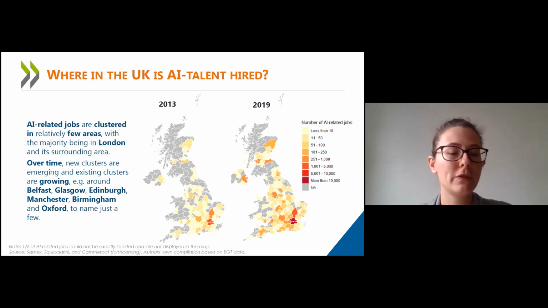Over time, if you compare the map in 2013 to 2019, we can see that a lot of these clusters have been emerging and growing. For instance, if you look at Scotland in more detail, you can see just a few yellow spots, which then turn darker and turn orange. If you look at Edinburgh or Glasgow, this is indicating that we have more AI-related jobs here. You can see a similar trend happening in Birmingham and Manchester, just to name a few. Next slide, please.